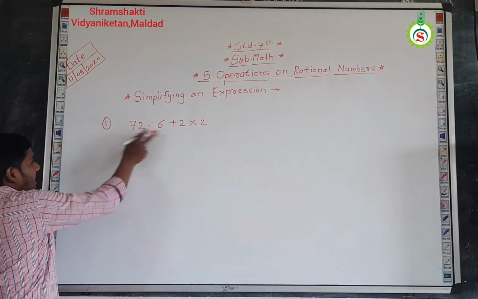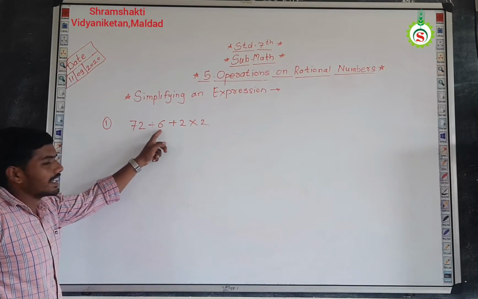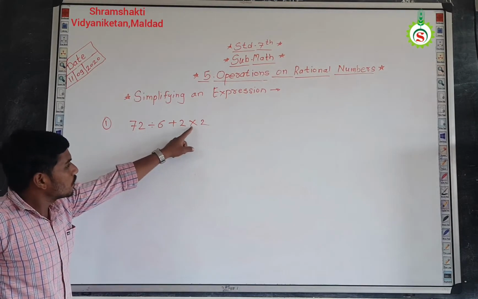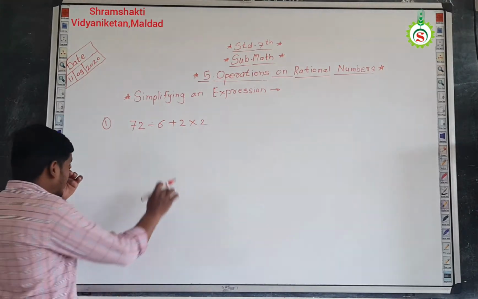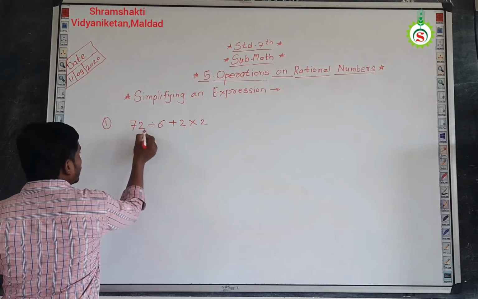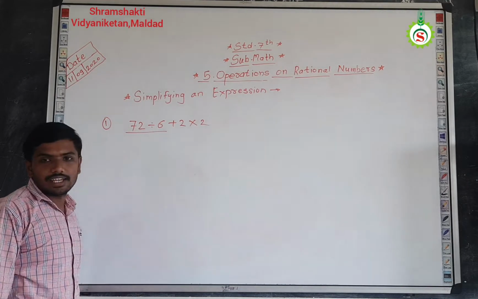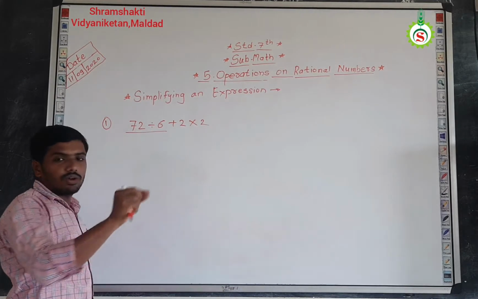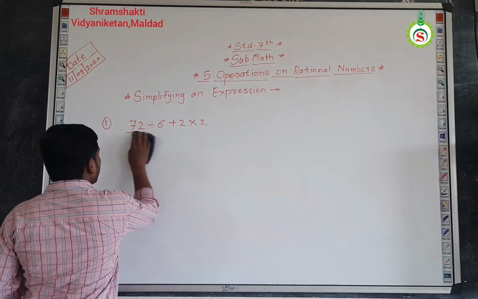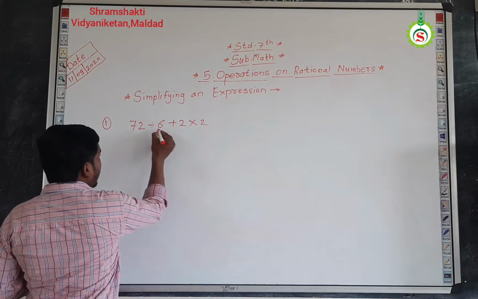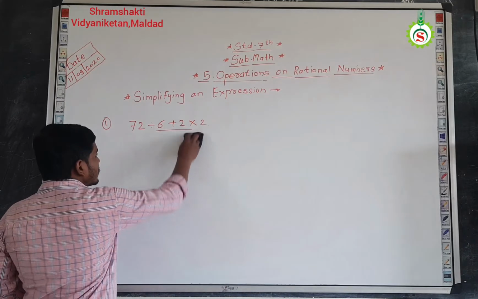Let us consider that as problem number 1. What is problem number 1? 72 divided by 6 plus 2 multiplied by 2. That is the whole problem. Now, if in the given problem there is only one operation, 72 divided by 6, then that is called a division problem. If suppose only addition is there, 6 plus 2, that is called an addition problem.